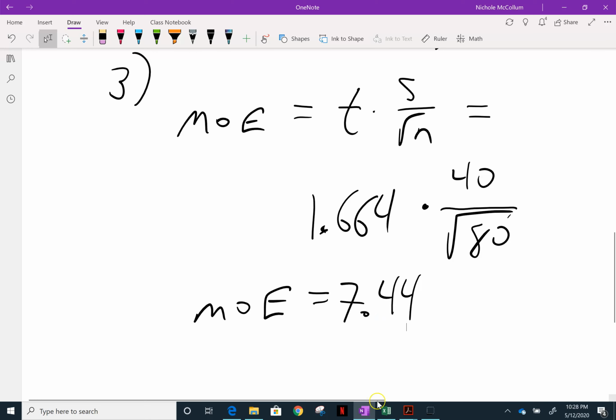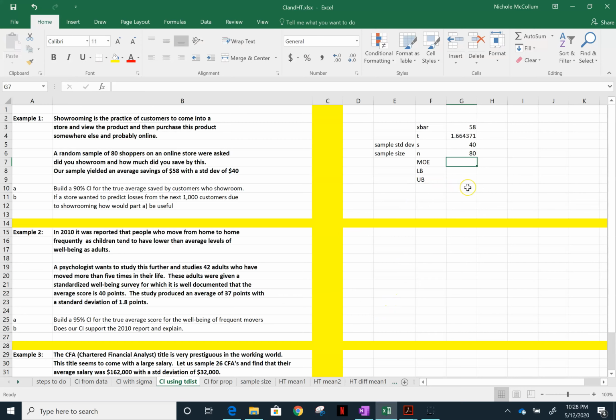Let us check in Excel to make sure it makes sense. So again, the margin of error, by definition, is the T value times the standard deviation of the sample divided by the square root of the sample size. And in fact, we get 7.44. The more accurate number is what you see here.